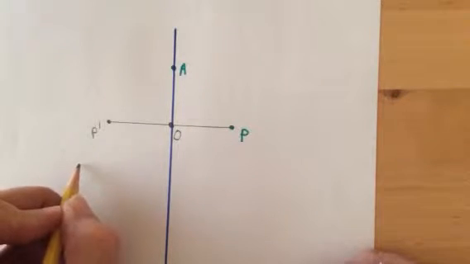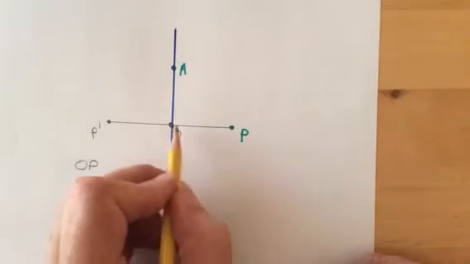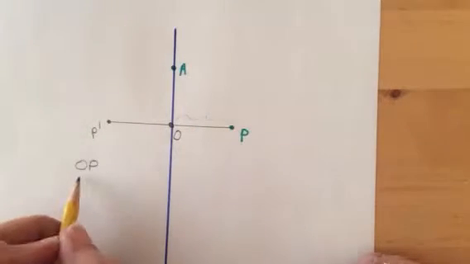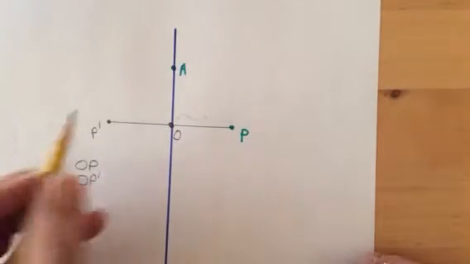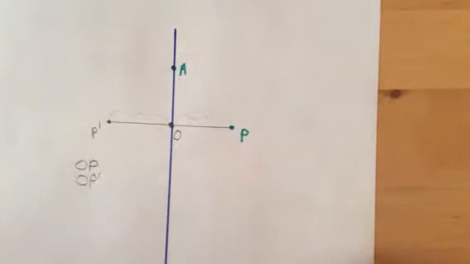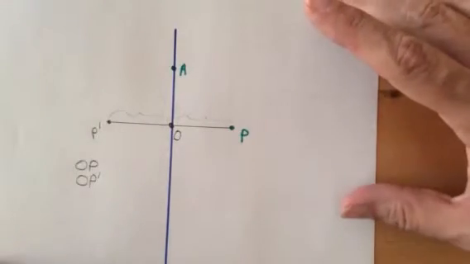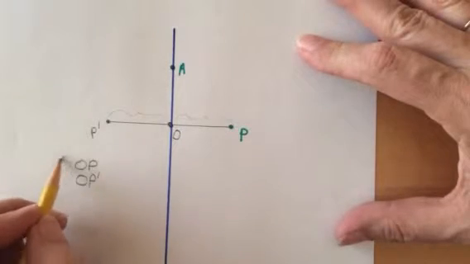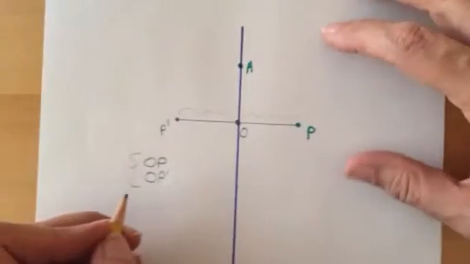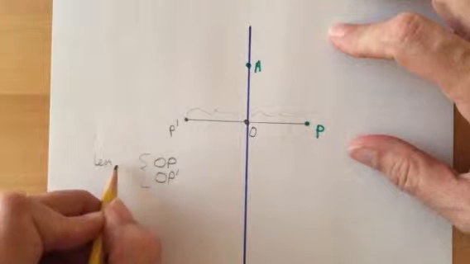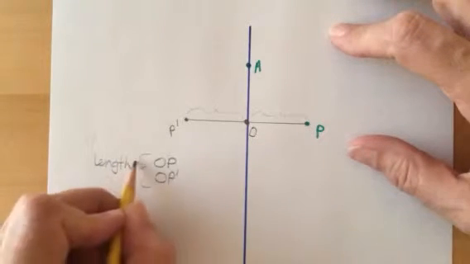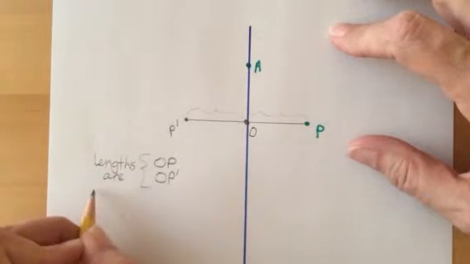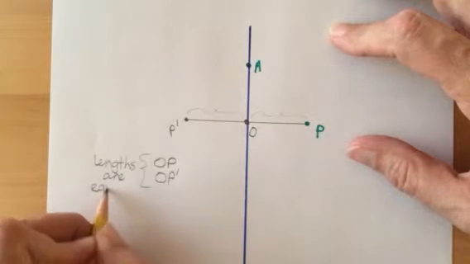We've got OP right here, and we've got OP prime right here. So because length is preserved in a reflection, distance is preserved, we could say that for these segments, the lengths are equal. So the lengths of these segments are equal.